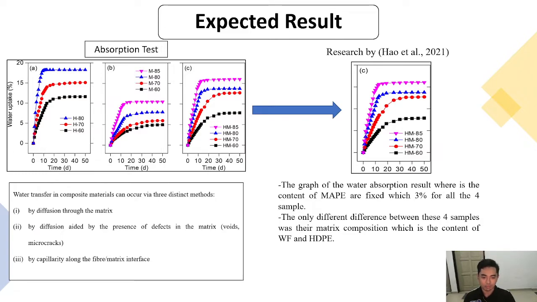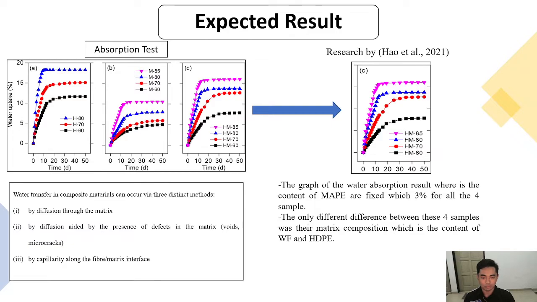In the graph of the water absorption result, the content of MAPE is fixed at 3% for all 4 samples. The only difference between these 4 samples was their matrix composition, which is the content of the wood fiber and polymer.